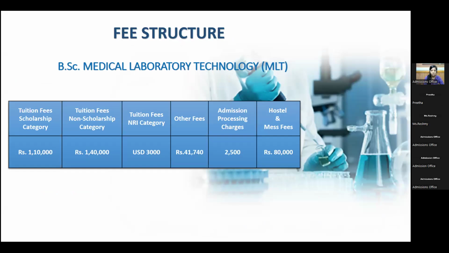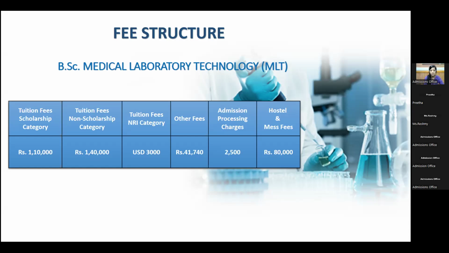Now, coming to the fee structure of B.Sc MLT, we have 3 categories in the tuition fees: scholarship, non-scholarship, and NRI category. The annual tuition fee in the scholarship category is rupees 1,10,000. In the non-scholarship category, it is 1,40,000. And in the NRI category, the candidate will have to pay a tuition fee of USD 3,000.